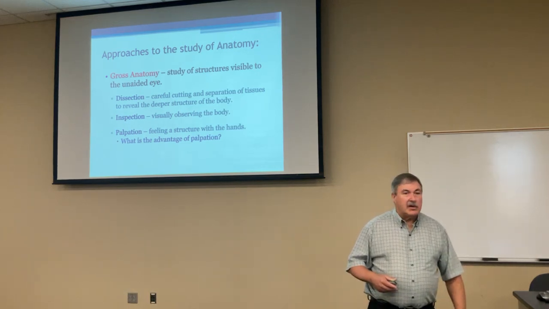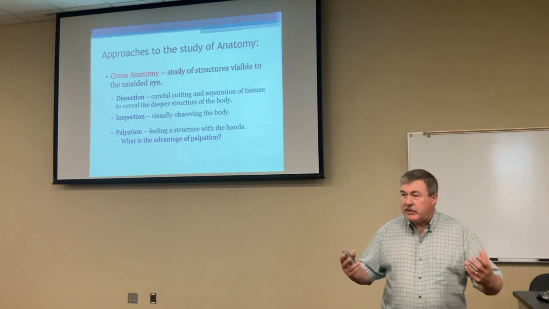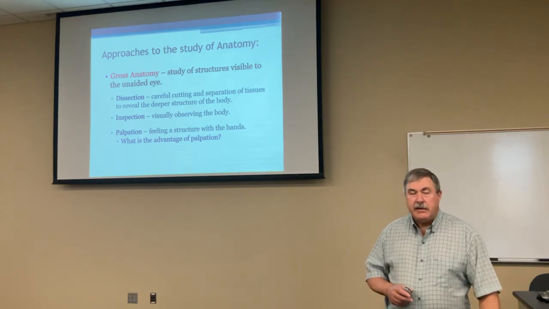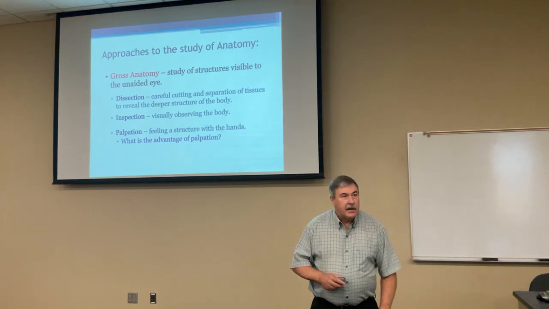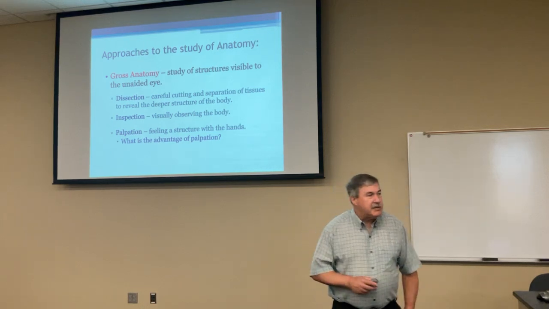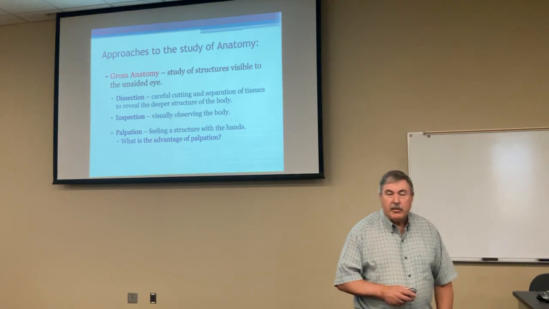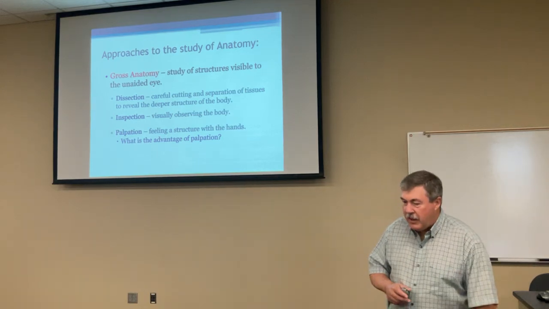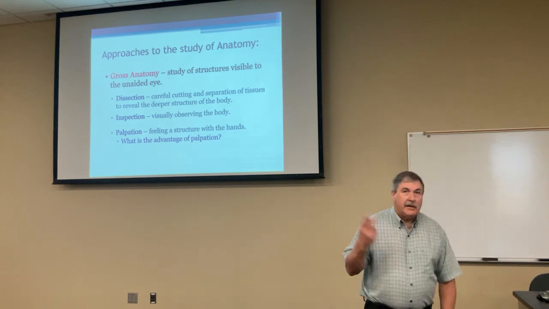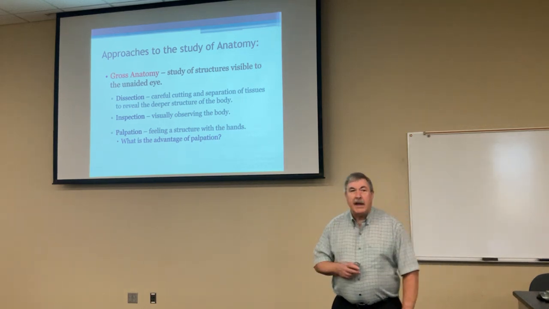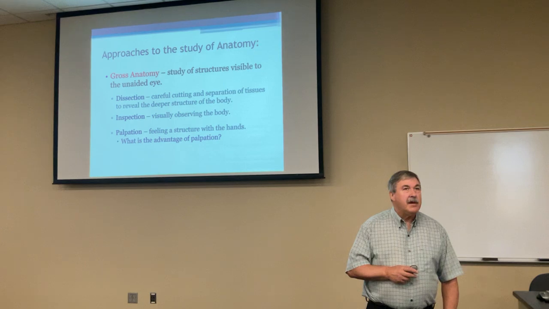Just a few years ago, there were a couple of anatomists that did a study of the quadriceps muscles, the quadriceps group, which is in the anterior part of your thigh. And they dissected both legs on something like 7 or 8 different cadavers.